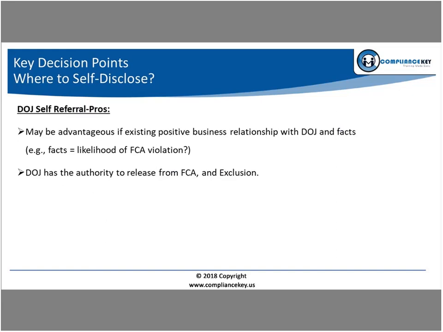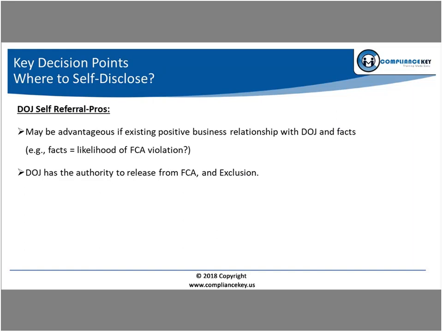Now, I mentioned this a little bit earlier, but the DOJ self-referral is a possible avenue to go down, and I mentioned it as possible with sort of an underline and asterisk. This is where I would absolutely say you need the advice and counsel of legal counsel before you go down this particular avenue.